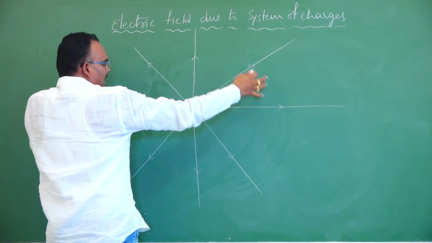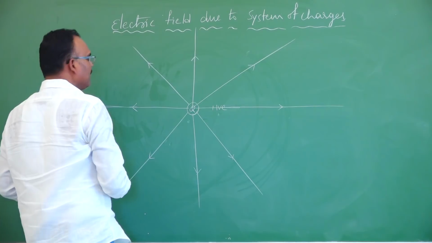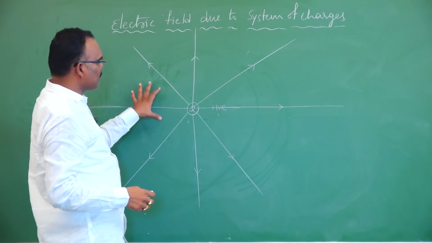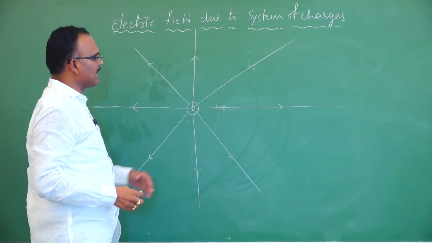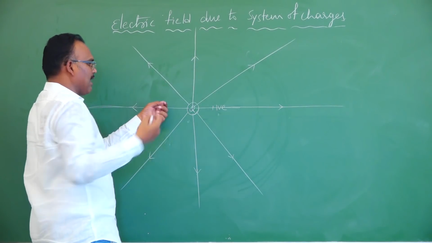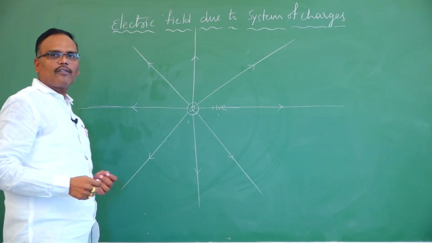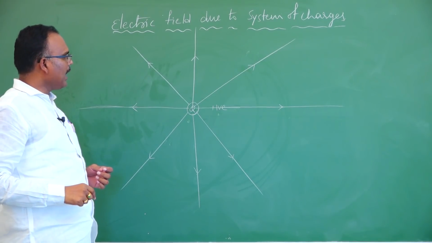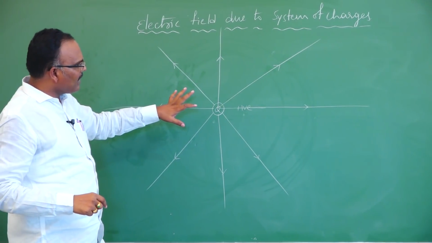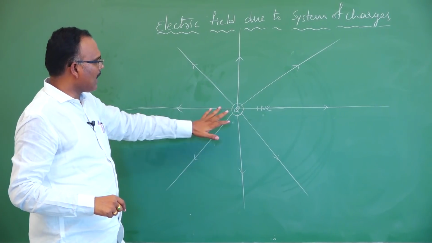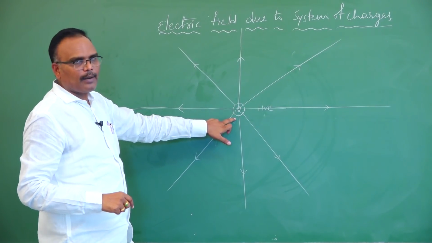So this is how electric field will be distributed around the charge. See, here it is a two-dimensional plane we have represented like this, but in space also you will have electric field lines. Okay, so this is the electric field diagram for isolated positive charge.